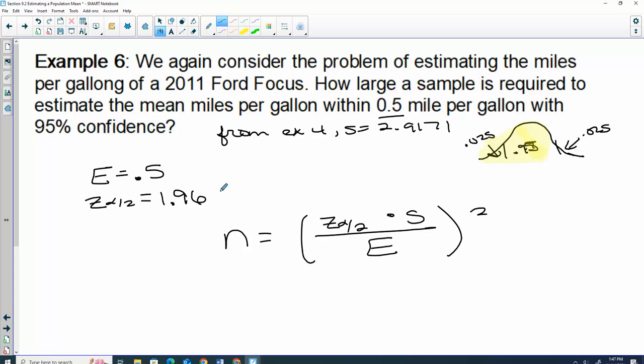So then if we plug into our formula, 1.96 times 2.9171 over 0.5, squared.